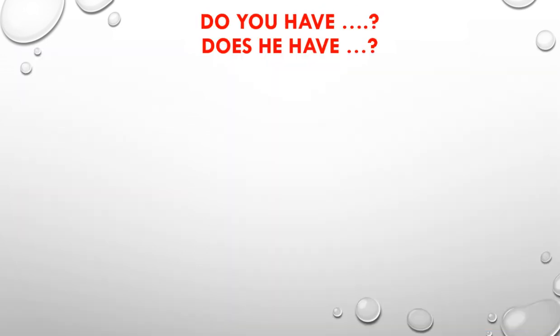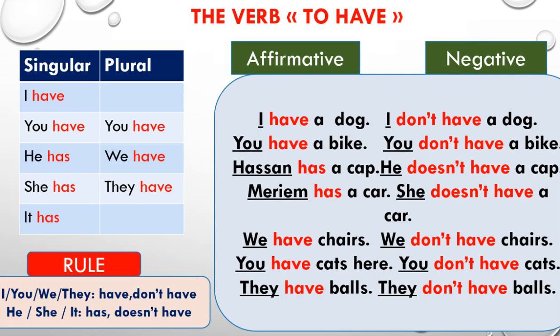And when the subject is he, she, and it, we use has, doesn't have. So I'll repeat again. We use have and don't have with the subject pronouns I, you, we, and they.